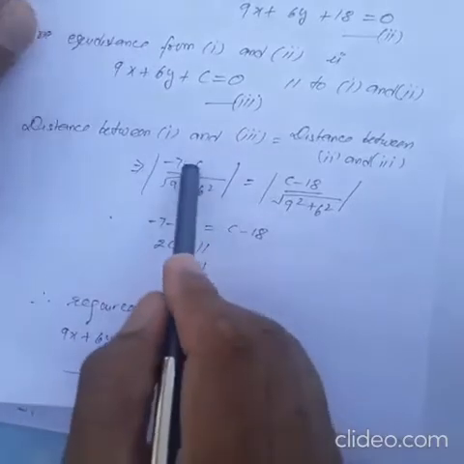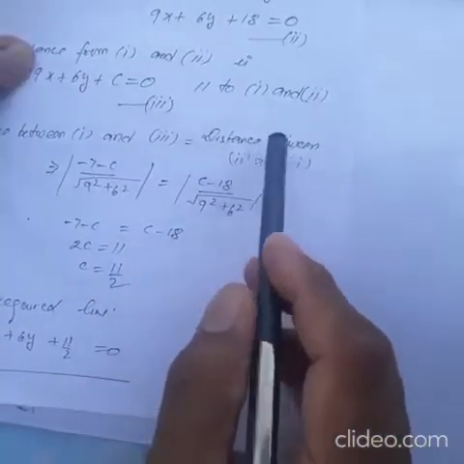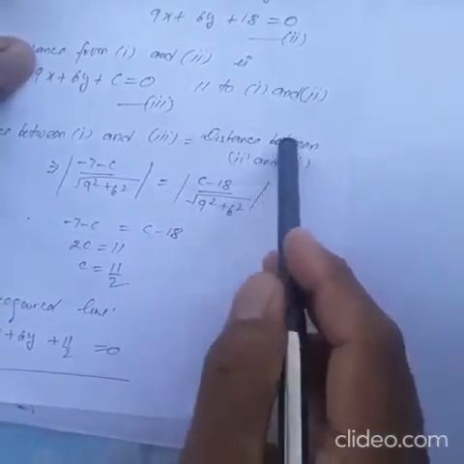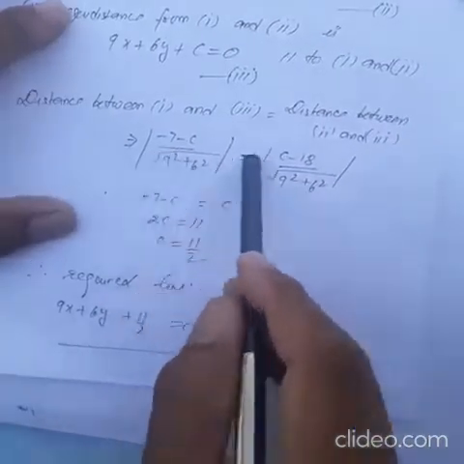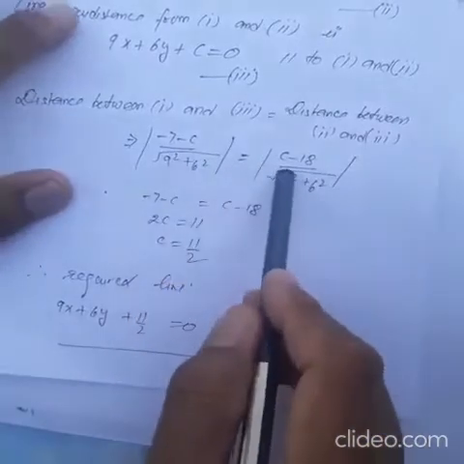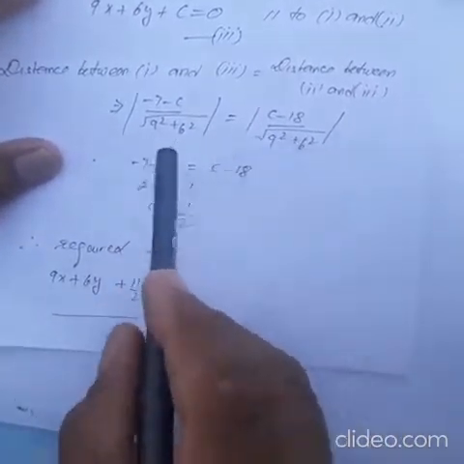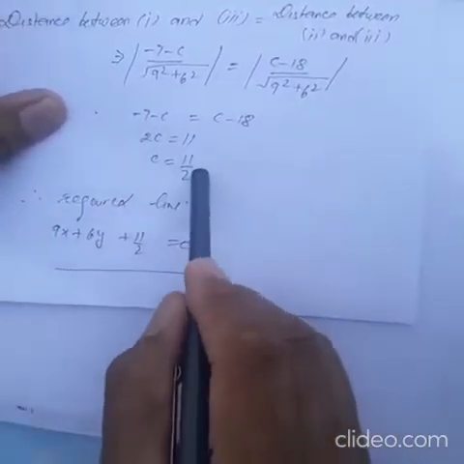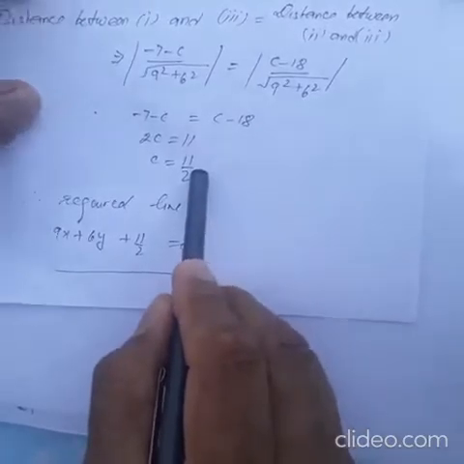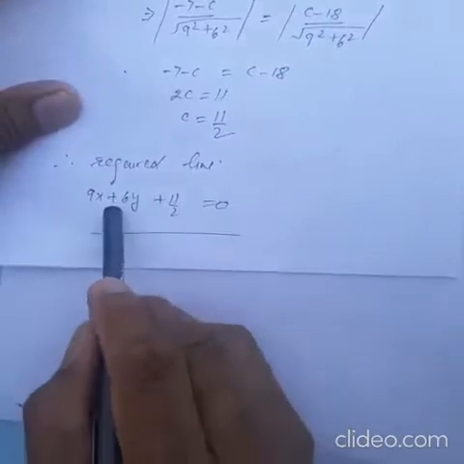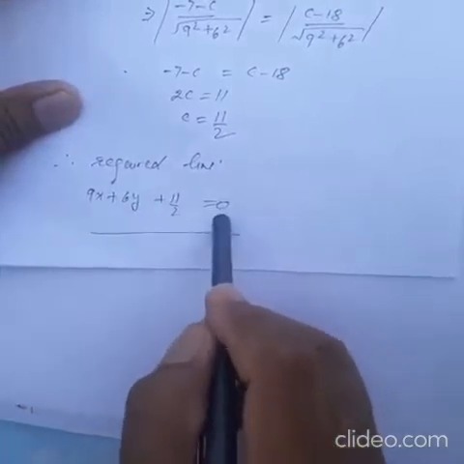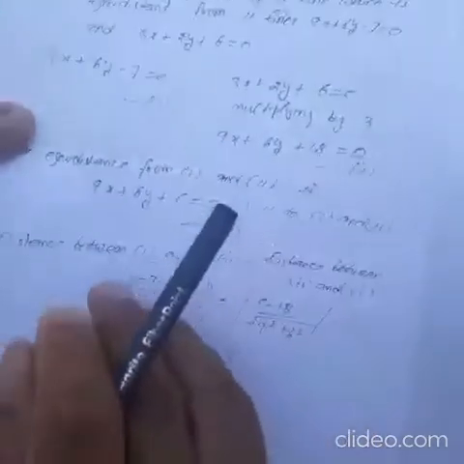So this is the distance. Similarly, the distance between second and third. And you solve this equation. Find the value of c. So c is 11 by 2. And you put the value of c in this equation to get the answer. So the required line is 9x plus 6y plus 11 by 2 is equal to 0. I hope it is clear.